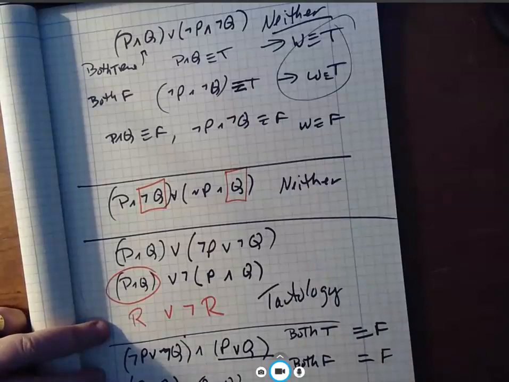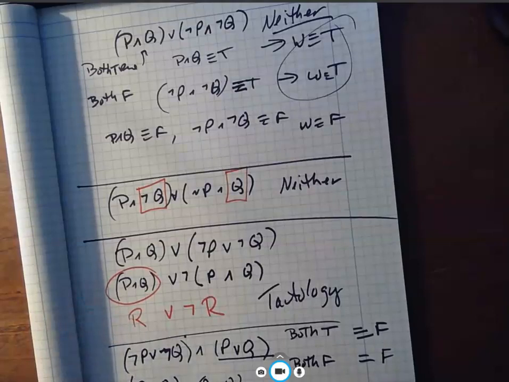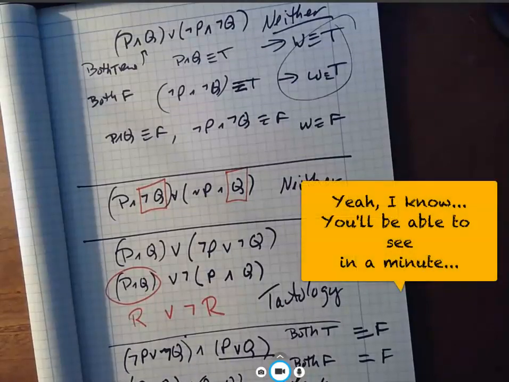What if one is true and one is false? Does it matter? No, they're pretty much isomorphic here. If I have one of each, well then this will be true, and this will be false, which is a true. So I have a true and a true, which makes this true.